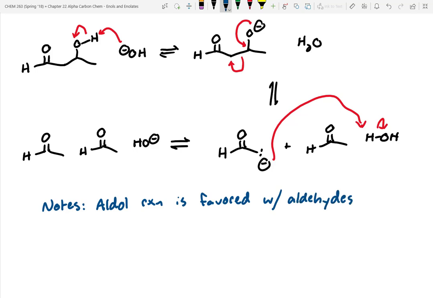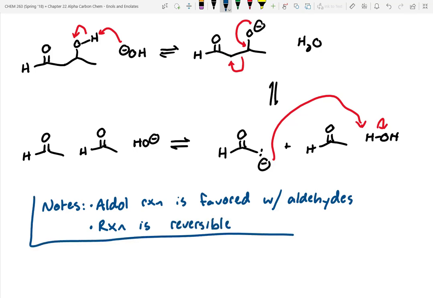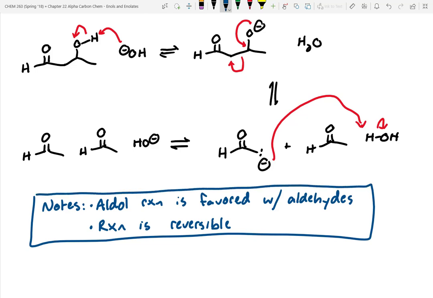The retro one is definitely going to occur if you try this with a ketone, though. It doesn't like to do an aldol with ketones. And then the other thing to remember is that this reaction is reversible. Does that make sense? Kind of basic reaction mechanism.